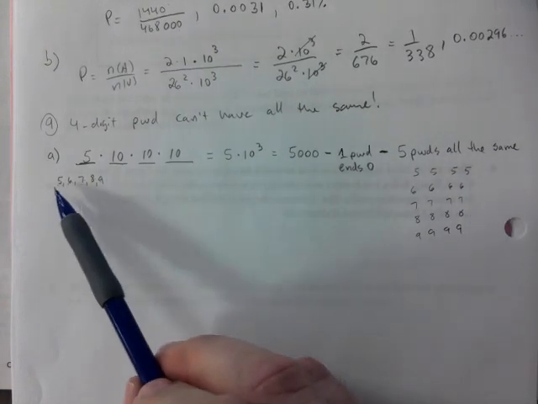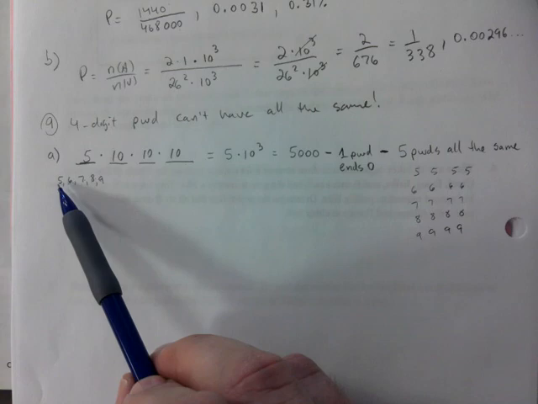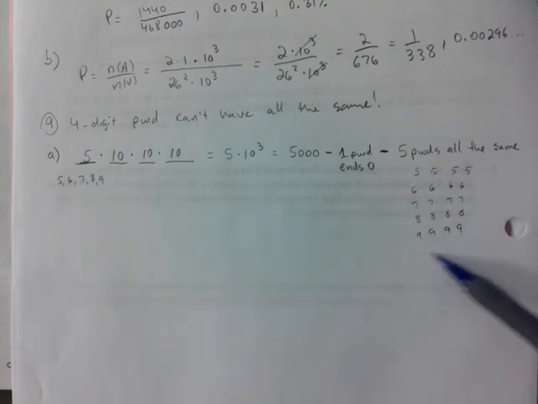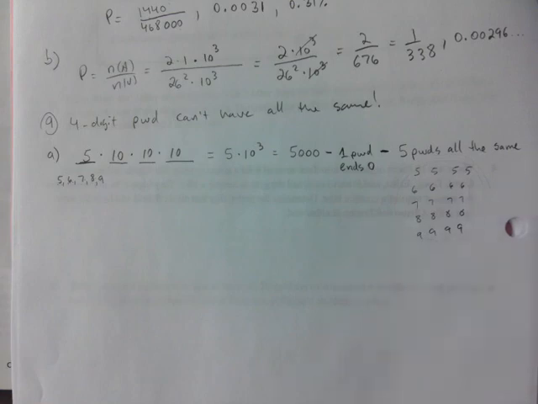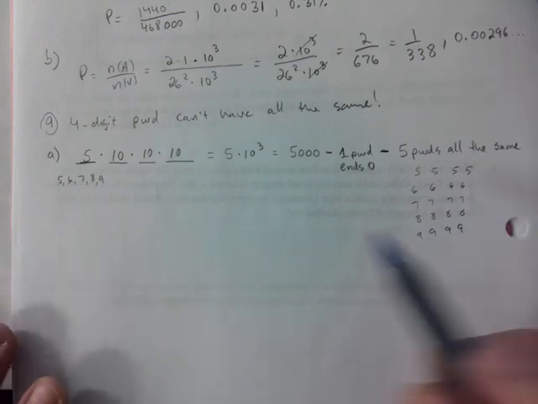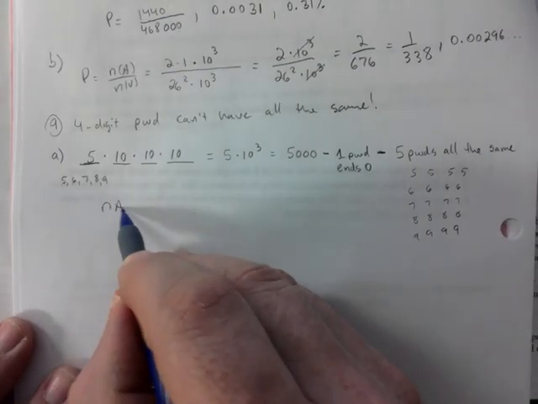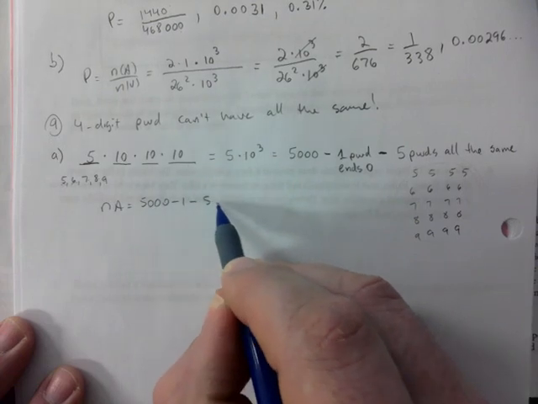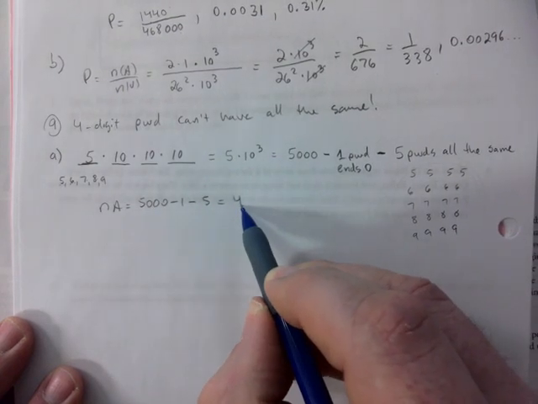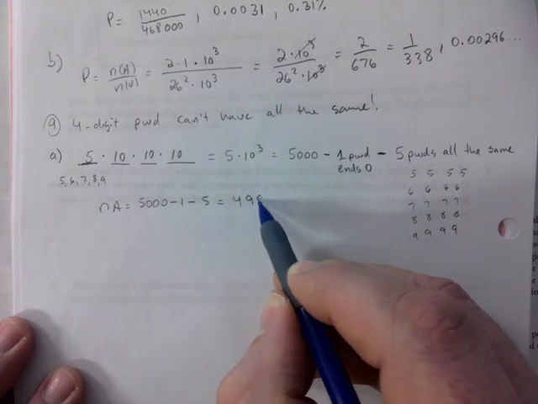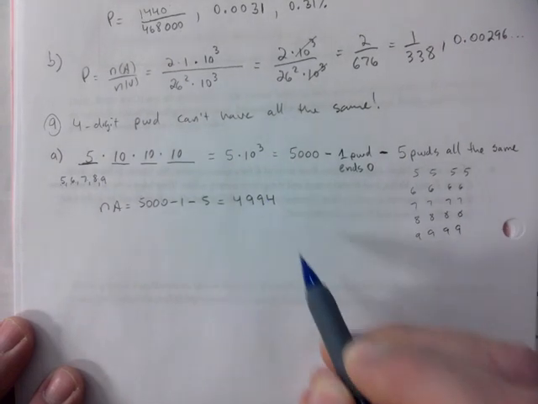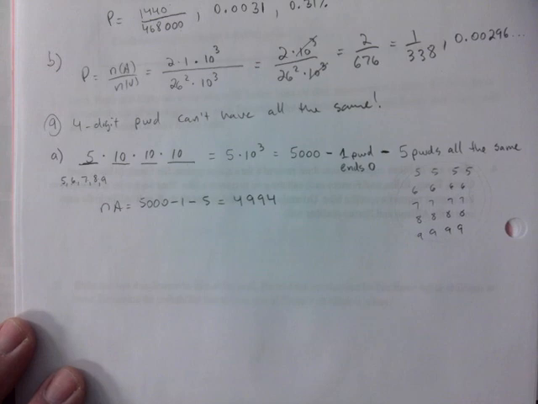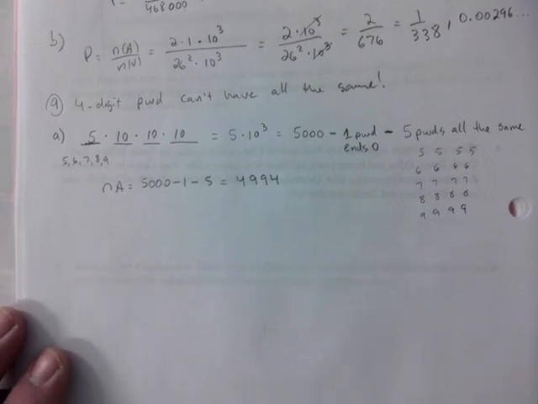Because my password starts with 5 or 6, I need to get rid of these ones because they would occur. So what do we have now? So NA is really 5,000 minus 1 minus 5. That's 4,994 passwords that I would be considering.